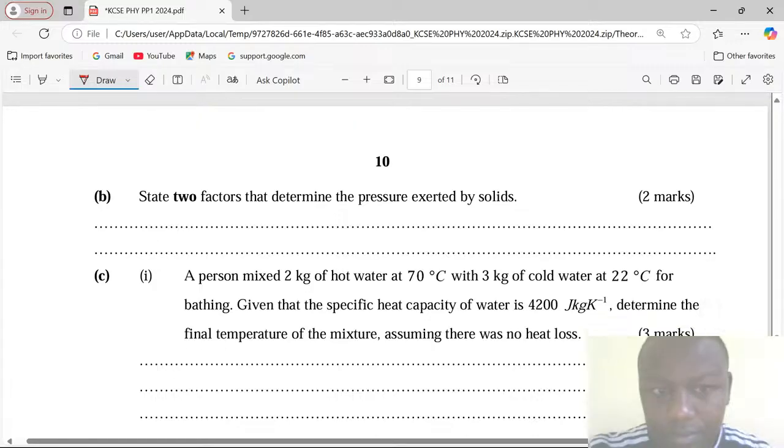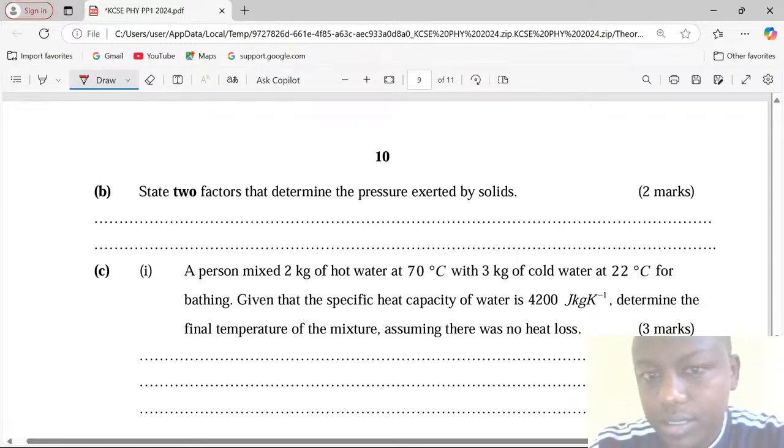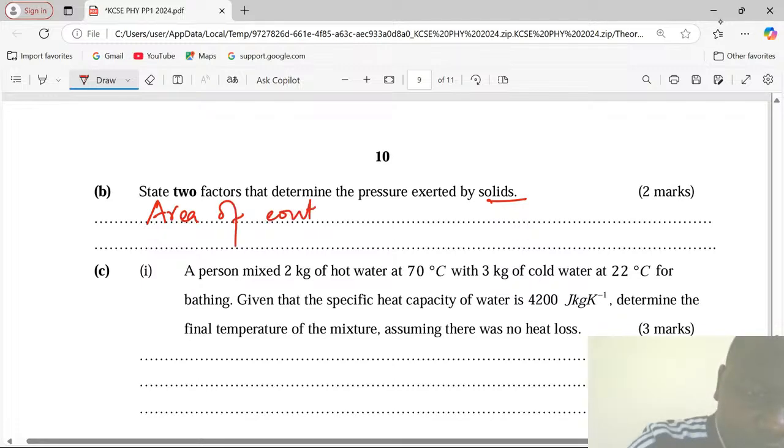State two factors that affect the pressure exerted by solids. We have area of contact. We know that.